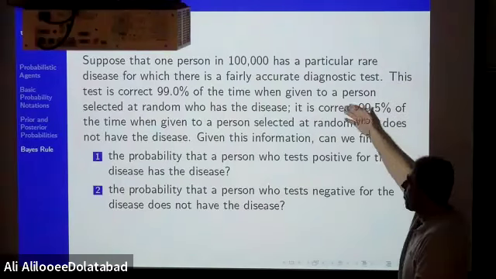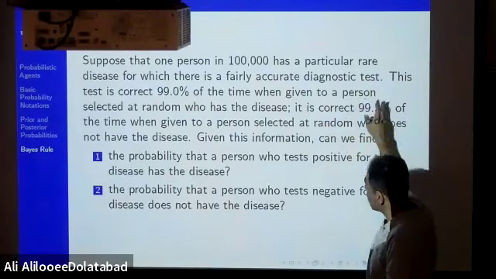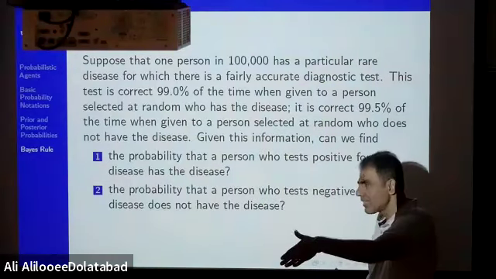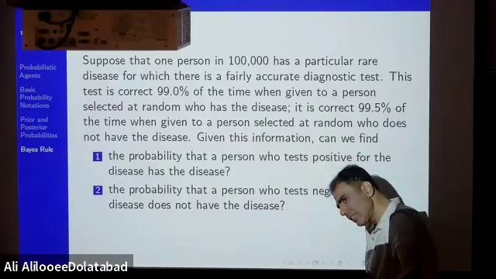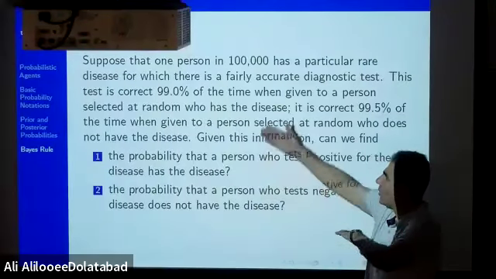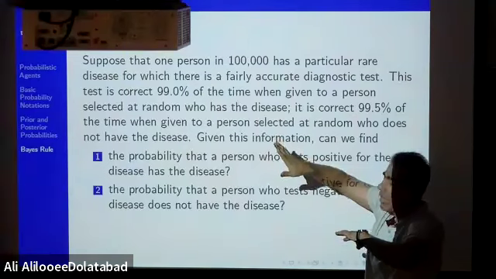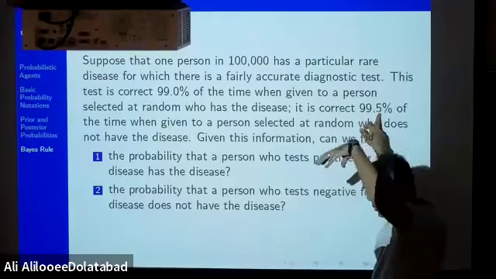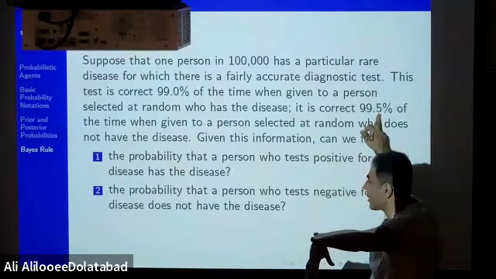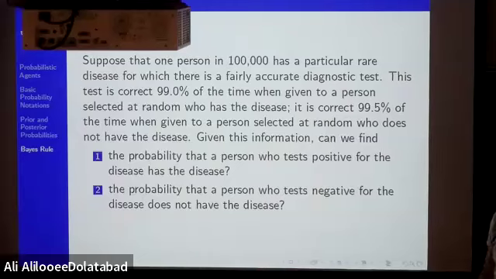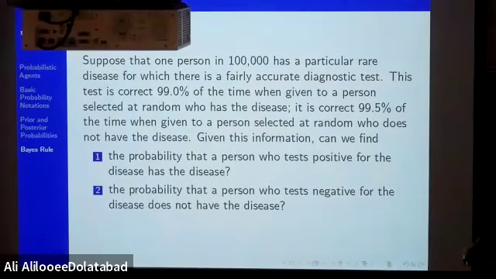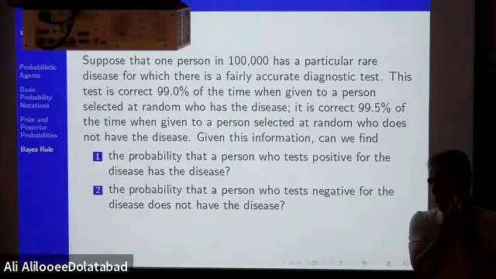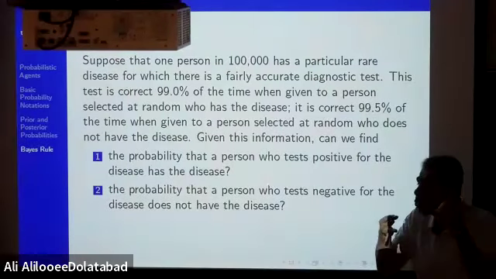When we say 99%, it means that the person has the disease and the test comes positive 99% of the time. And 99.5% of the time, you give the test to a person who doesn't have the disease and the test comes negative. That's the notation used in statistics: true positive and true negative.